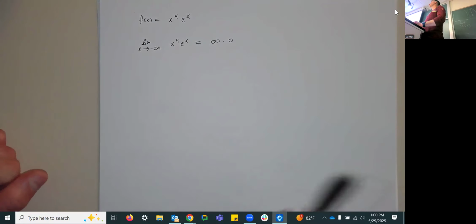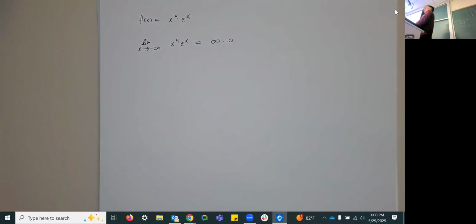And I would say you usually want to bring the thing to the bottom that's easier to take the derivative of. And easy is not a great word to use there, but there's no better way to say it though. Usually you bring e to the x to the bottom if you can. Or if you don't have an e to the x, bring a power of x to the bottom.